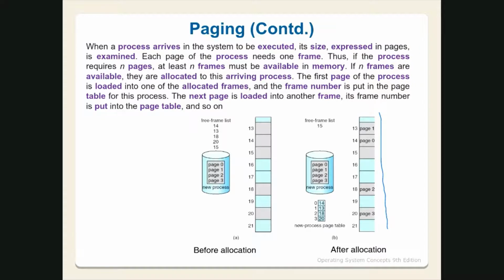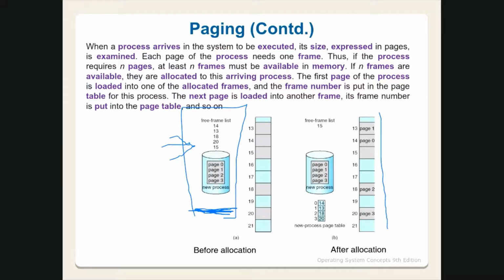So let's assume here in this diagram you can see some pictures. Can you see this? This is the list of the frames. Just concentrate here. This is talking about the frame list, like frame number 14, 13, 18, 20, and so on.